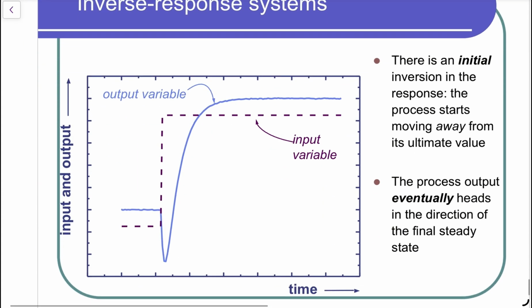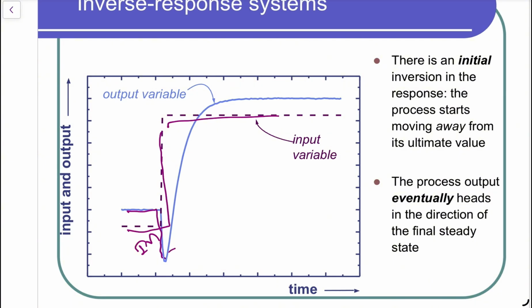Now let's look at the graph, we will understand more clearly. Here the dashed line represents the input step change. At one instant, the input increases suddenly. But instead of rising immediately, the output first drops downward, and this is the initial inversion, a wrong way movement.